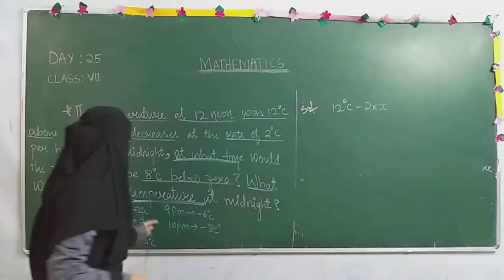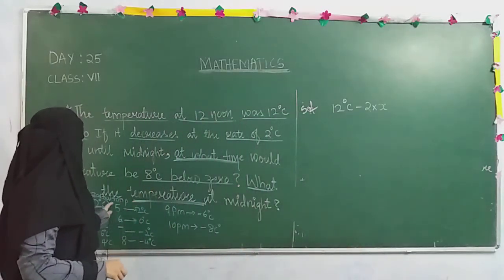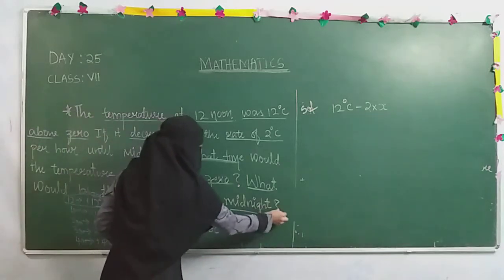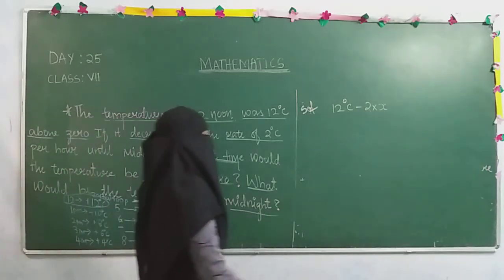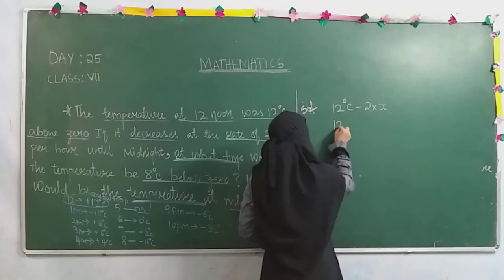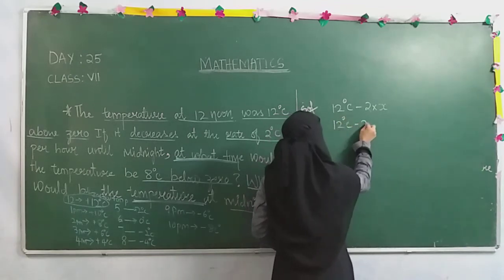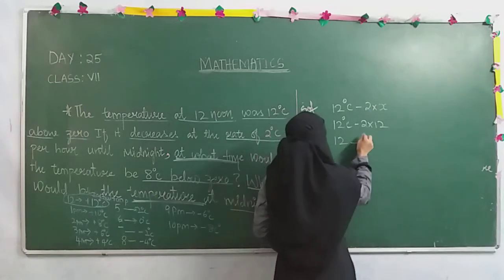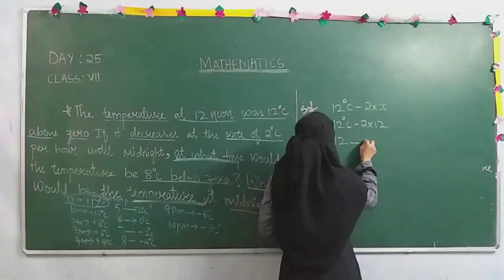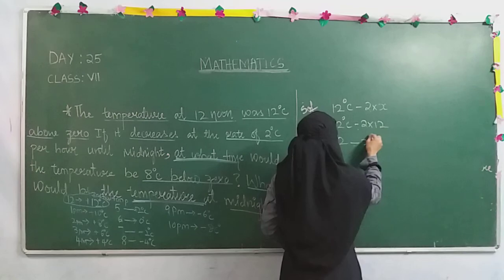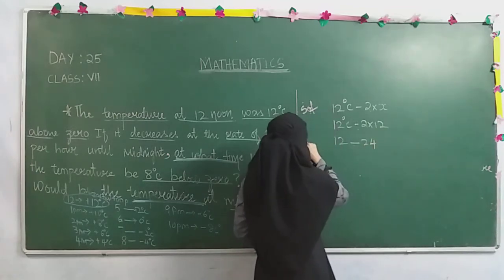Already the time is given here. What will be the temperature at midnight? Okay, midnight is nothing but 12 am. So 12 degrees centigrade minus 2 into 12. 2 times 12 is nothing but 24. So how much is it decreased?